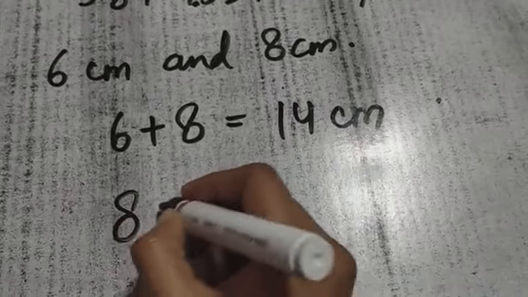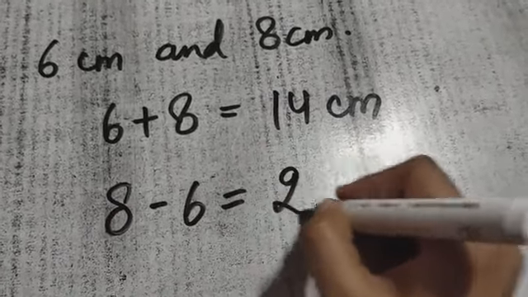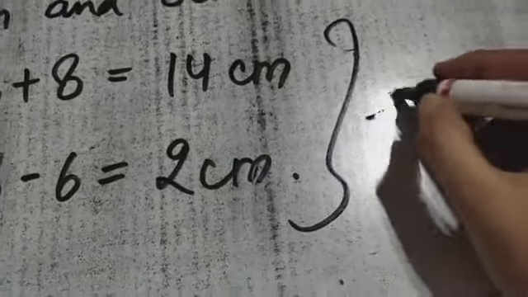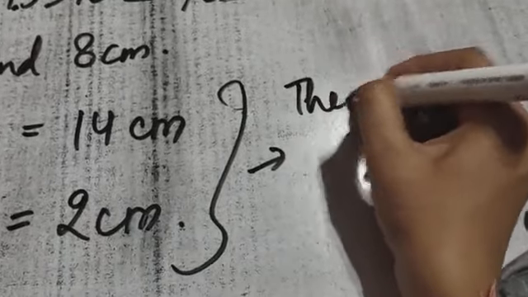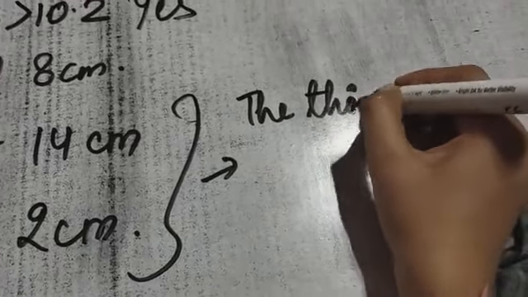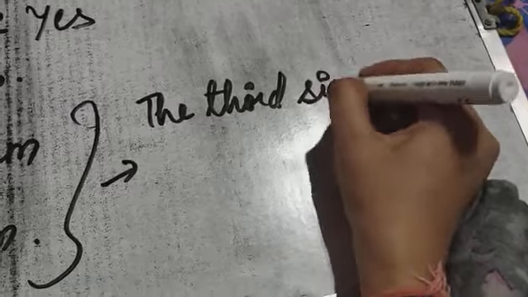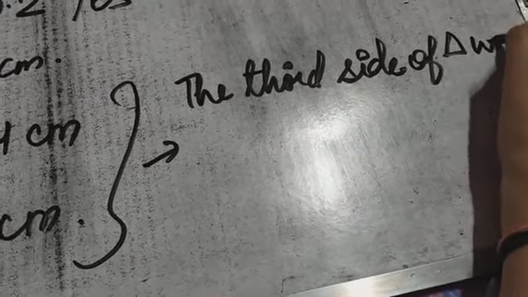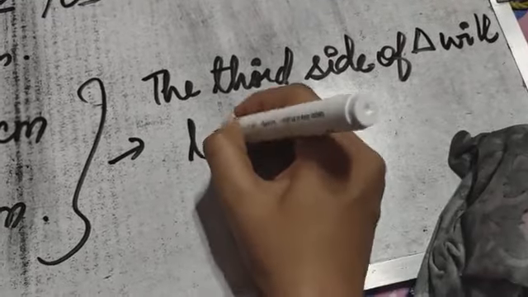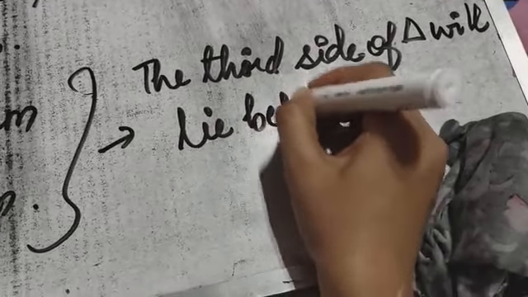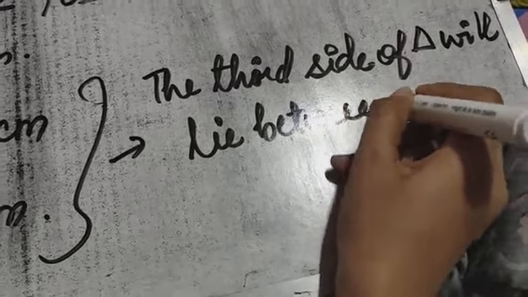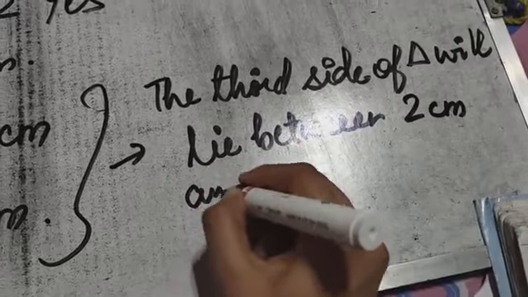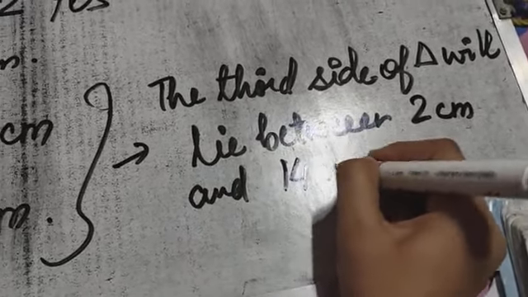Now we'll find out the difference, that is 8 minus 6, that is 2 centimeter, right? So from this we can say that the third side of the triangle will lie between 2 centimeter and 14 centimeter.